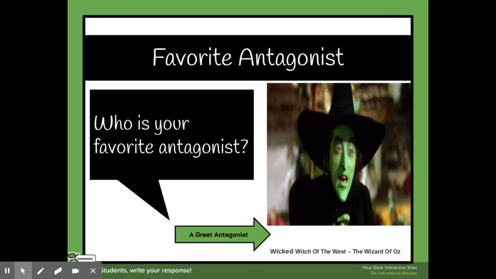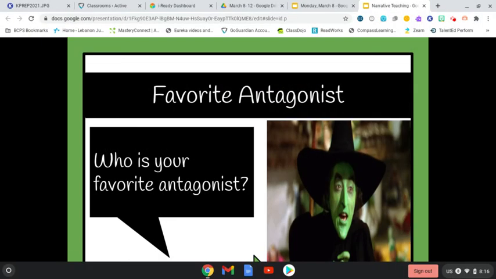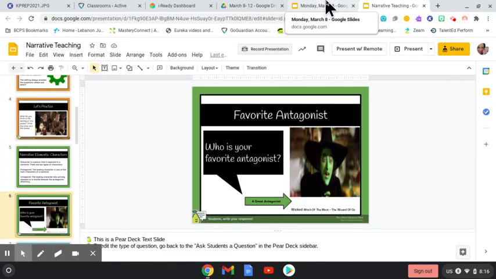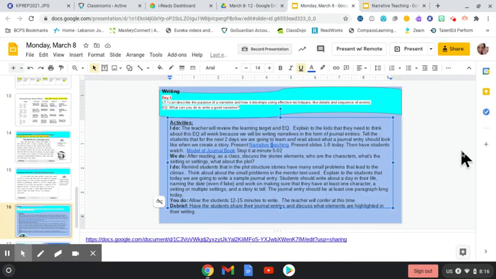The picture you're looking at is from The Wizard of Oz, right? So think about who is a bad guy who is always ruining things for you in a story. With that thought, what we want to do is really focus on those two parts for now: setting and characters.